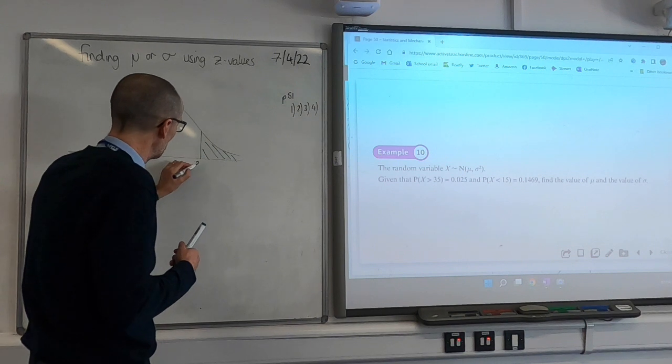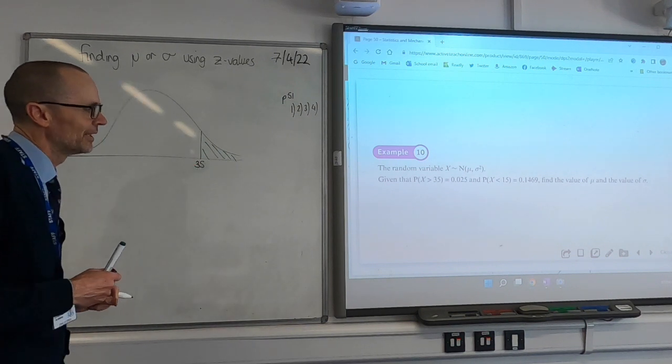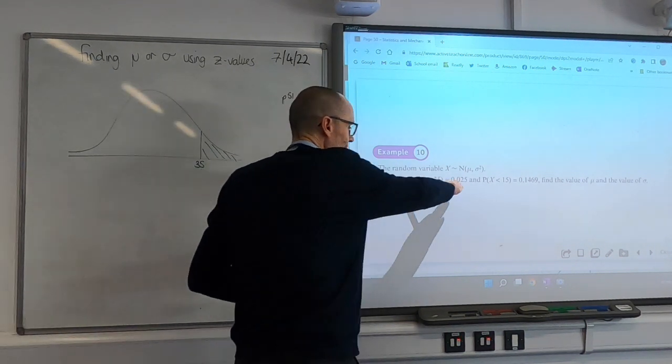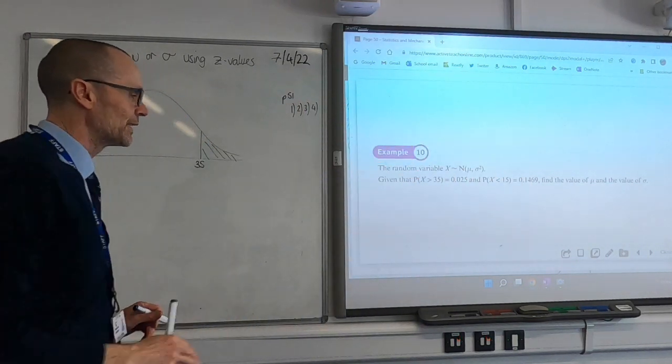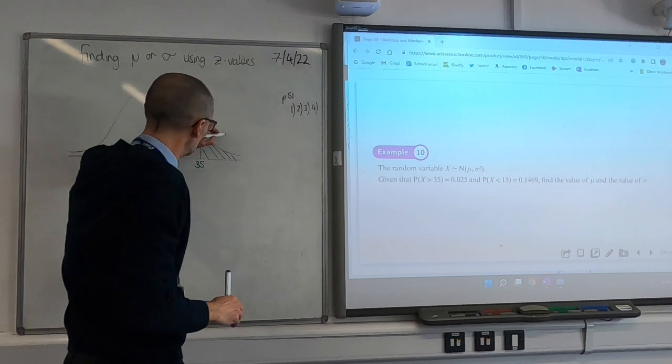See if you can look up your Z values. As I said, this one you'll find in the tables. This one you'll have to use your calculator, but you can use your calculator for both. You don't have to use the tables.